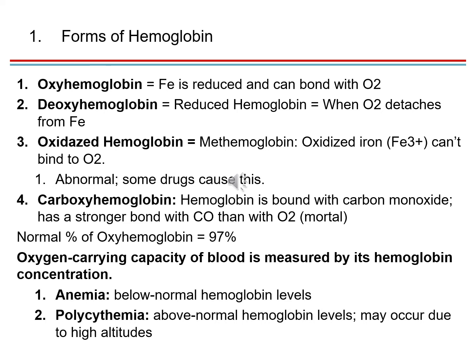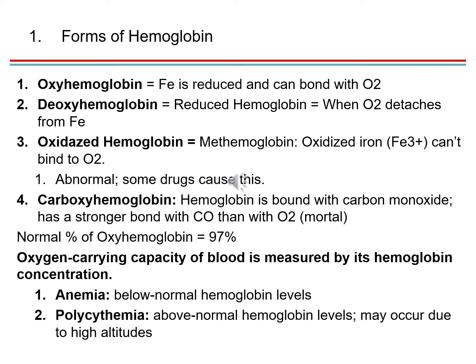Certainly, one of the anemias can be diagnosed by low levels of hemoglobin. The opposite disorder is called polycythemia, which is related to abnormal levels of erythrocytes and, accordingly, abnormally high levels of hemoglobin.